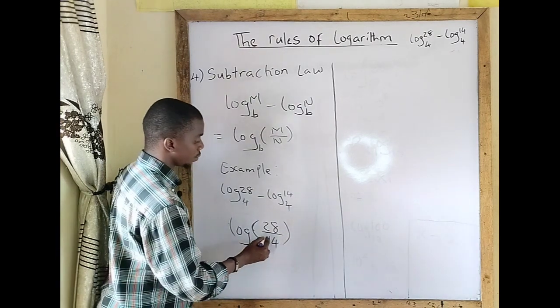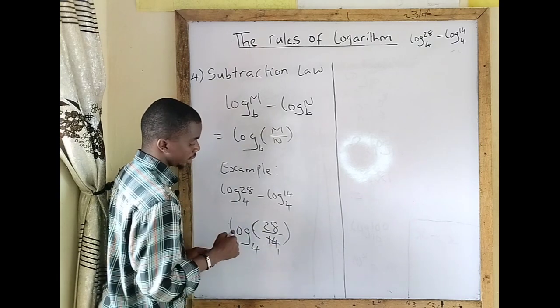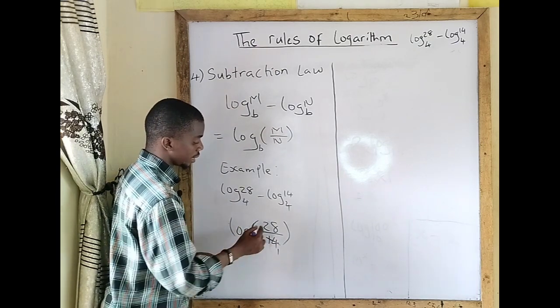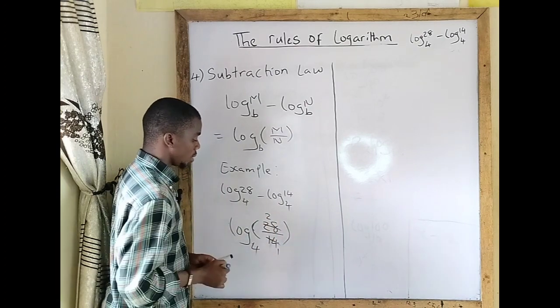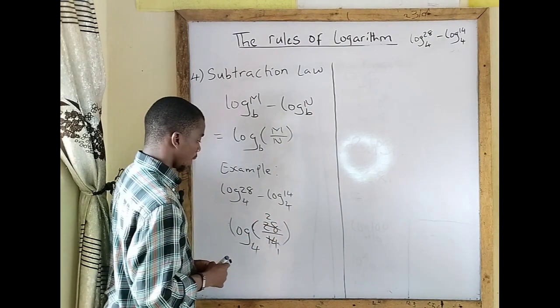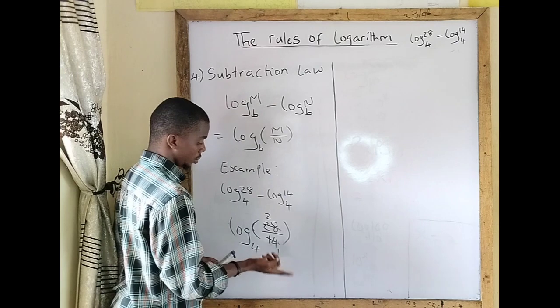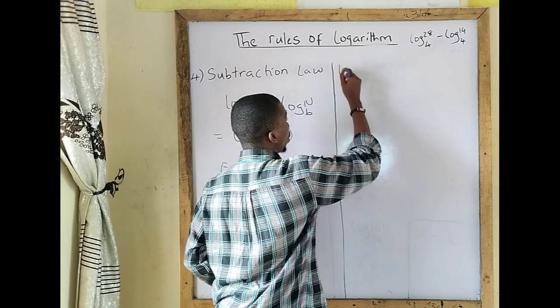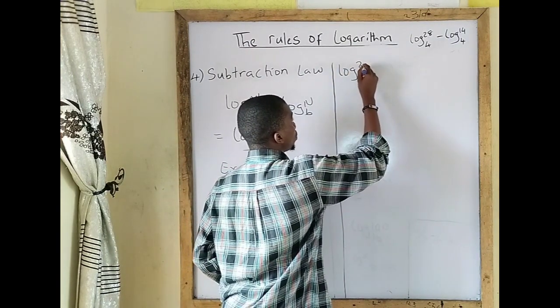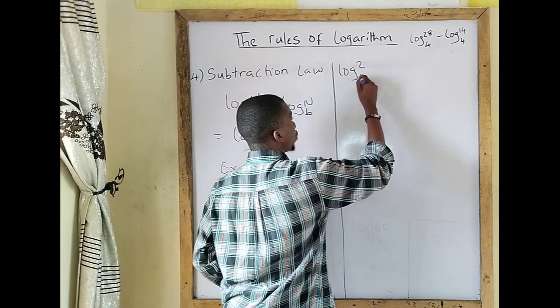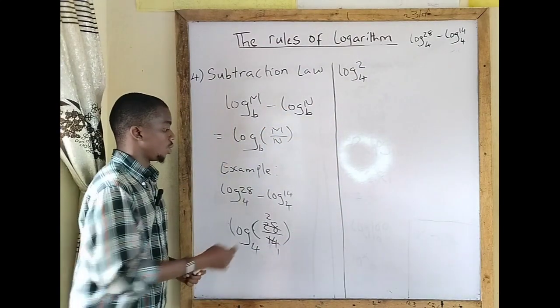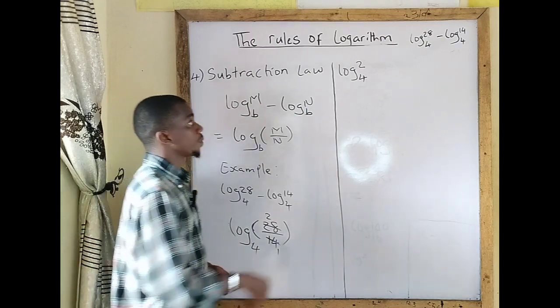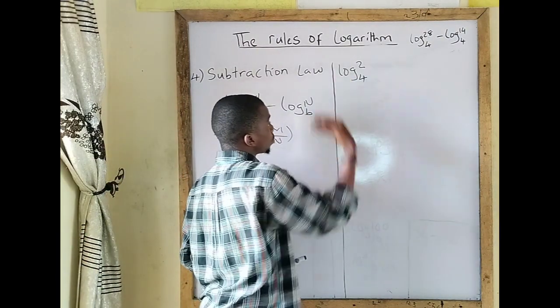So 14 cancels itself once, and goes into 28 two times, and 2 divided by 1 is 2, so we have log 2 base 4. Now how can we solve log 2 base 4?